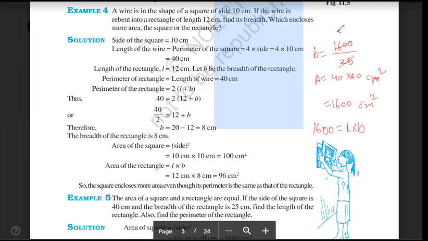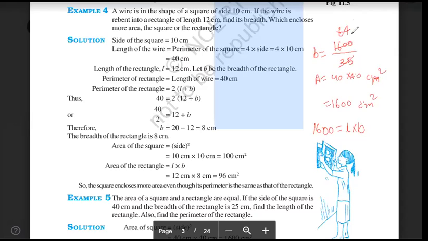Which is what? Tell me. 64. Yes, very good. 64. Right? It is 64 now. Very good, Purvi. Very good.